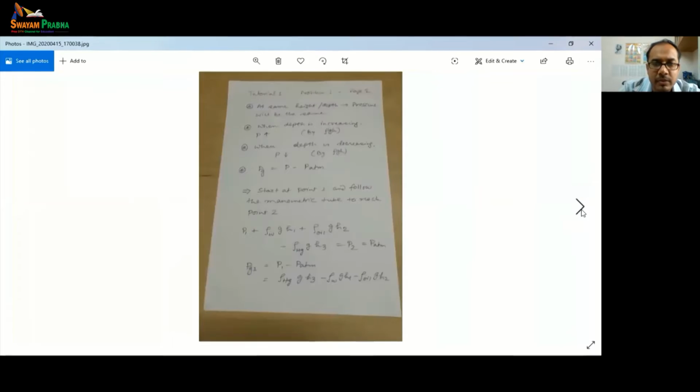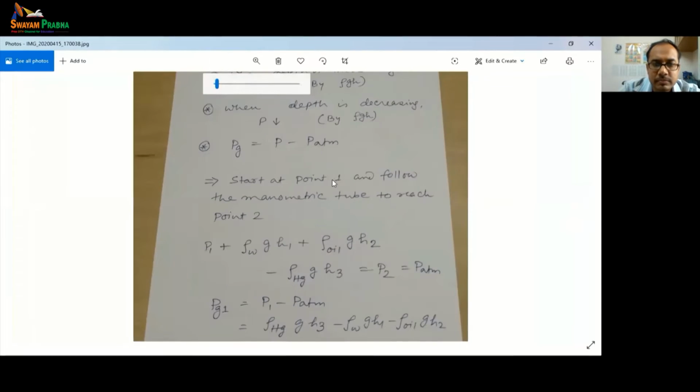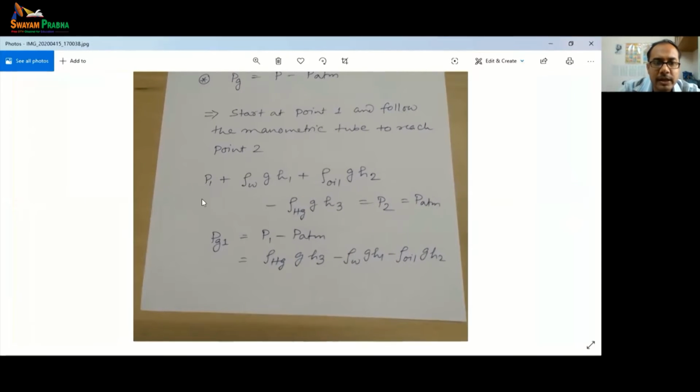Now if we start at point 1, the pressure will be P1. This is absolute pressure. At the end of the water column, the pressure will be rho of water multiplied by acceleration due to gravity g into h1.